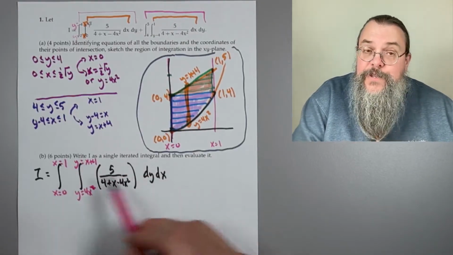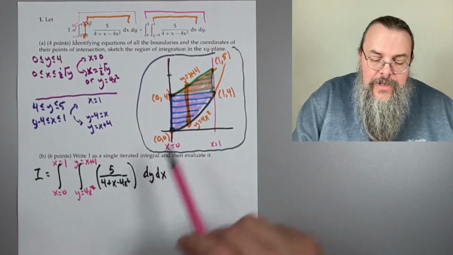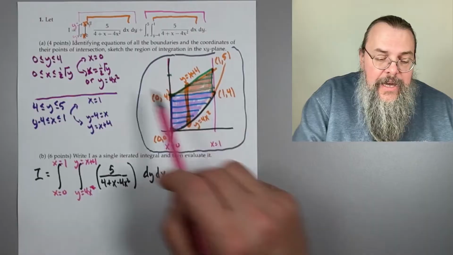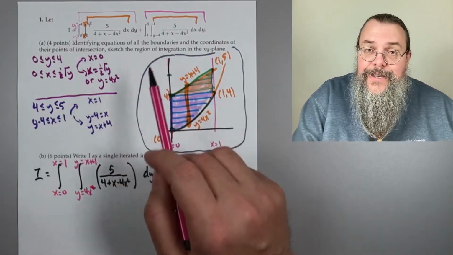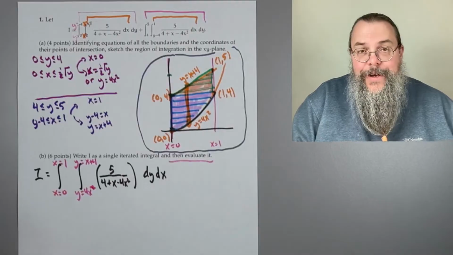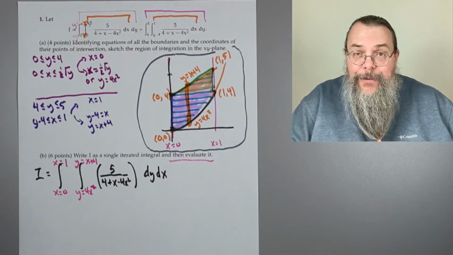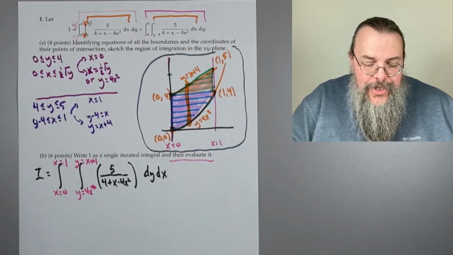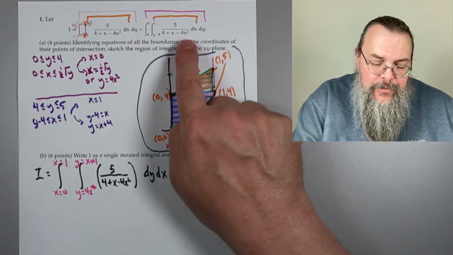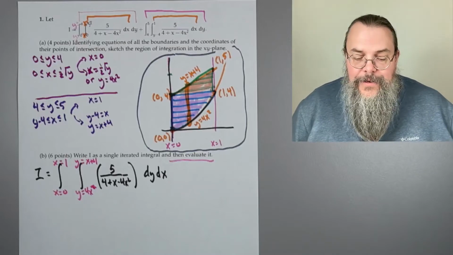Now, that's the first part. We've now succeeded. This integral does the same thing as these two integrals combined. There's one more thing. We need to evaluate. Okay, well, can we do it? Initially, if we had to integrate this with respect to x, that's no fun.